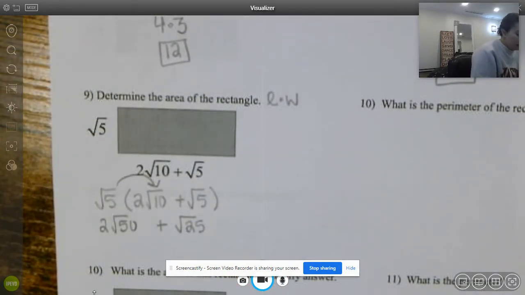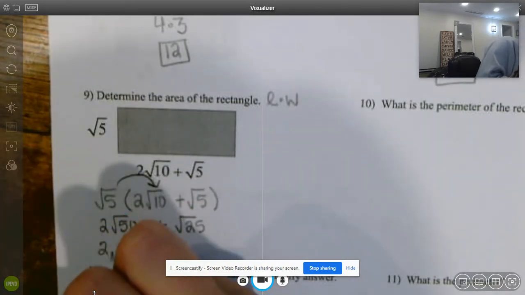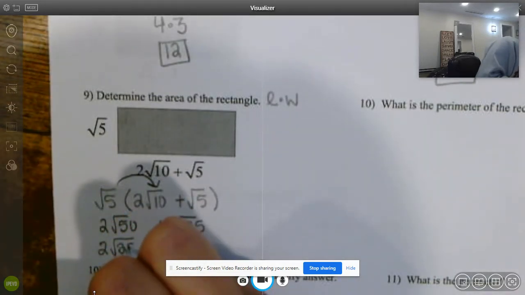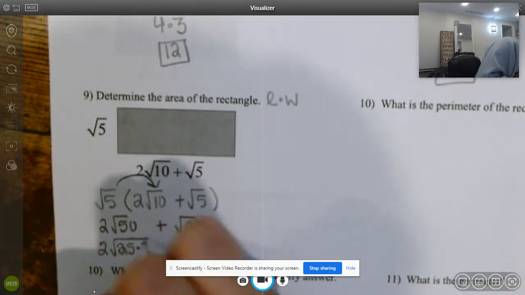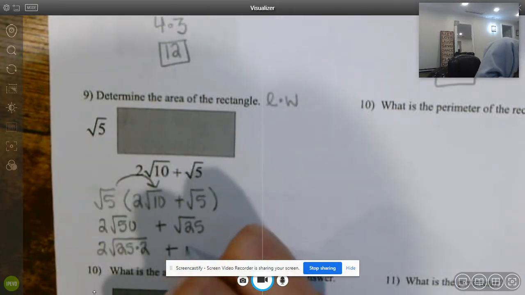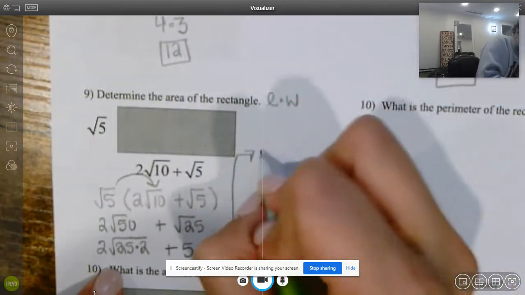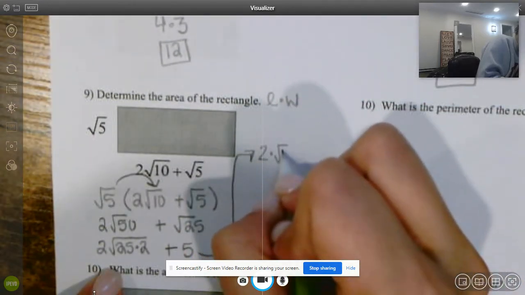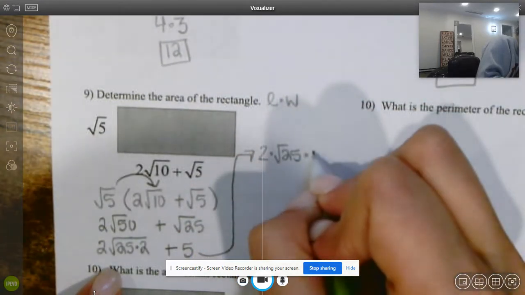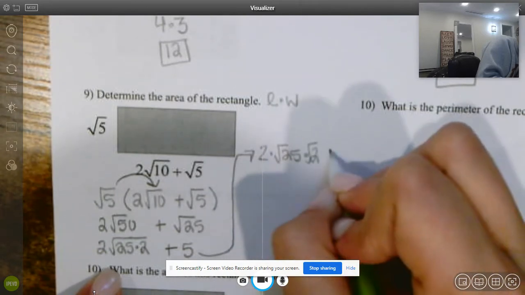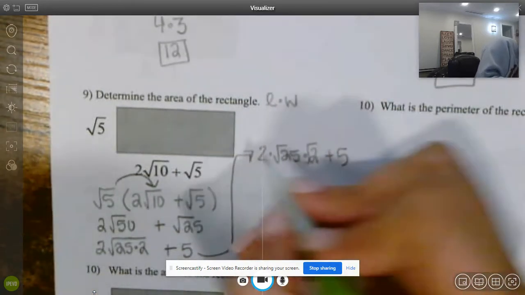Now, we can totally break up the number 50 as the square root of 25 times 2. And then obviously we know the square root of 25 is just 5. So we can keep showing our work up here. This turns into 2 times the square root of 25 times the square root of 2, plus 5 on the outside.